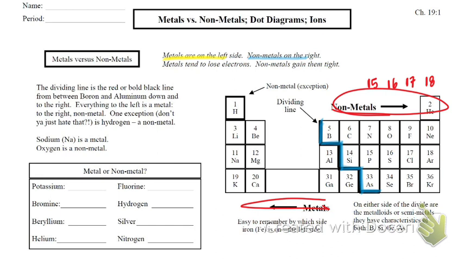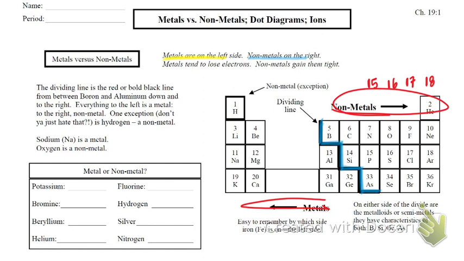The higher number means they have more valence electrons. Yes. So remember that octet rule? Our atoms want to have a full outer level.